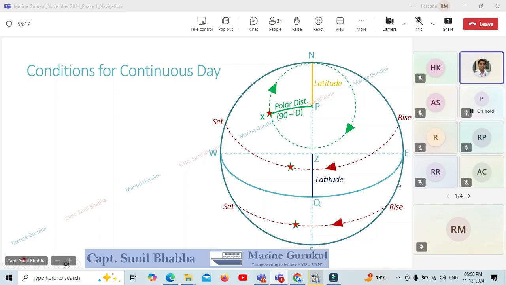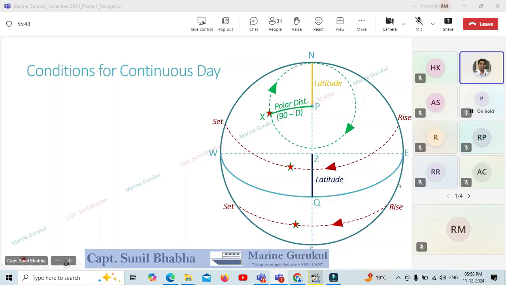Now we have seen that when a celestial body becomes circumpolar, it remains above the horizon of the observer for full 24 hours. Now, if the same concept is applied to the sun, that means for a particular observer, if the sun becomes circumpolar, it will mean that the sun will remain above the horizon of the observer for full 24 hours of the day.